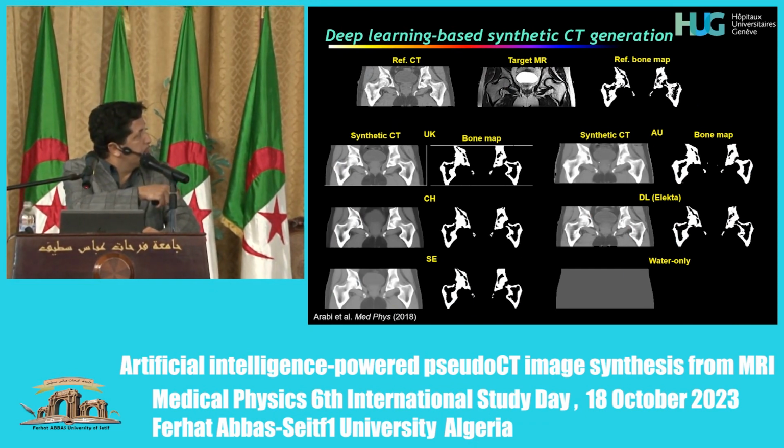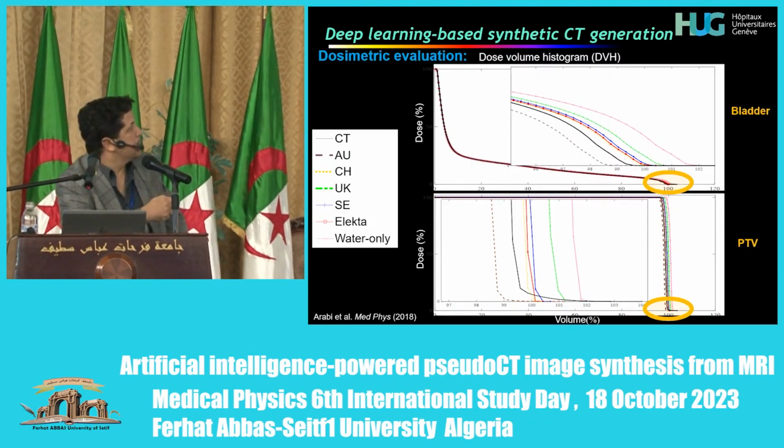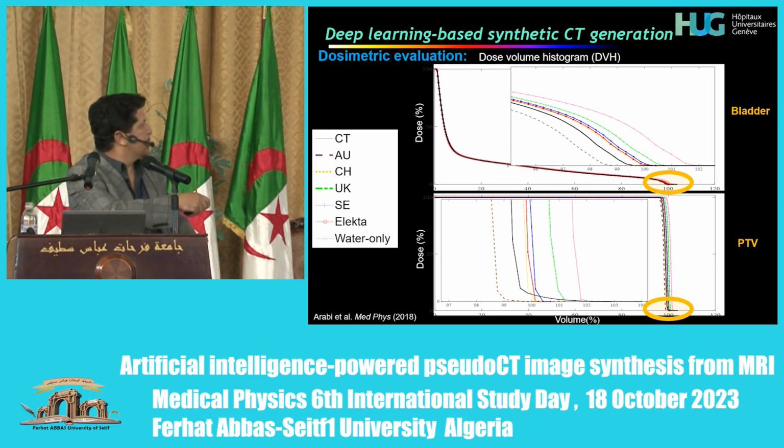You see the different pseudo-CT images that can be generated using the different techniques. This is the water-equivalent approach, which is used in clinical settings in a number of institutions that I know. So for the kV that we have in positron emission tomography, if you zoom on those dose volume histograms, you see some differences here which are well documented.